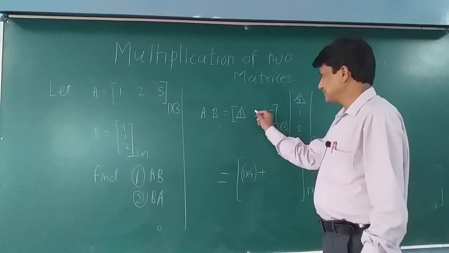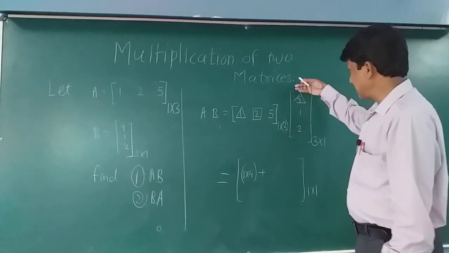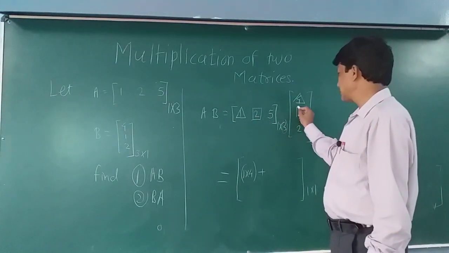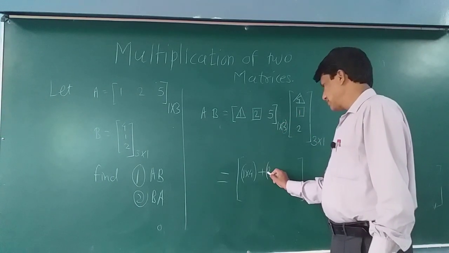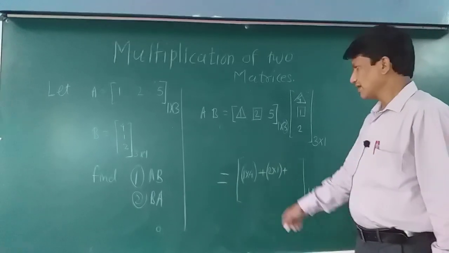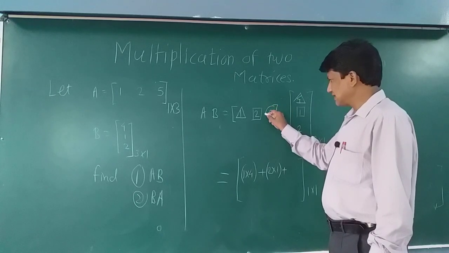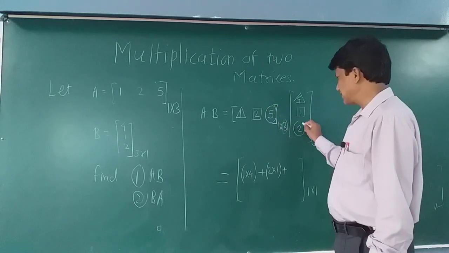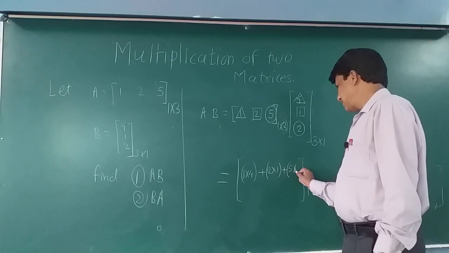Second number here is 2, second position, and come down vertically, here also 1: 2 multiply by 1, kept in second bracket. Plus the third one, here 5, I am keeping this in a circle, this is also in a circle, here 5 multiply by 2.